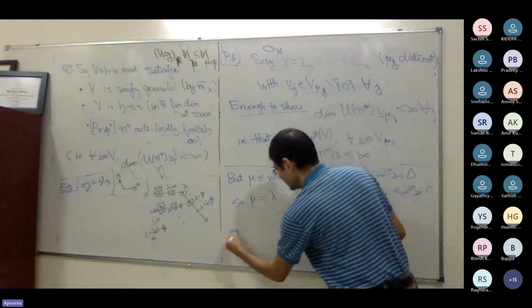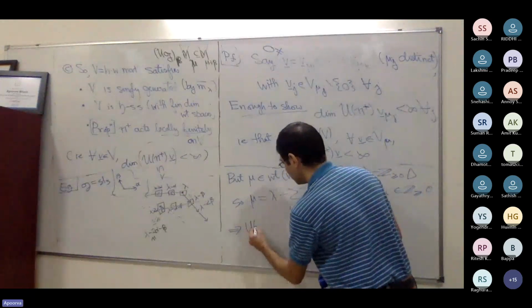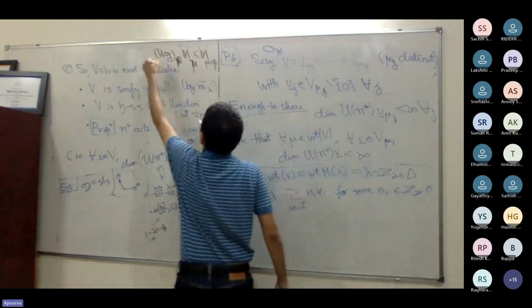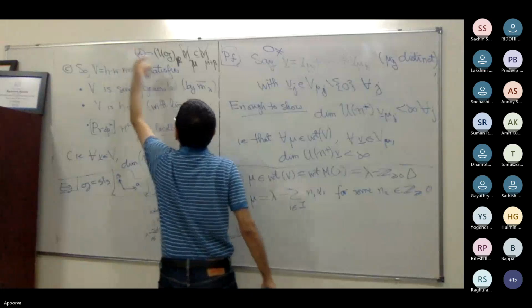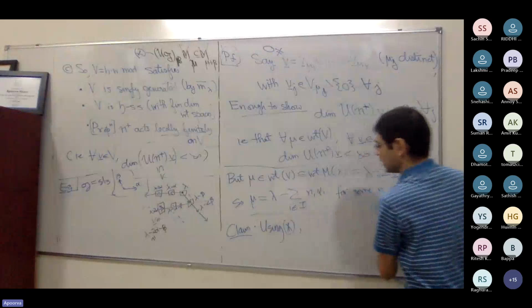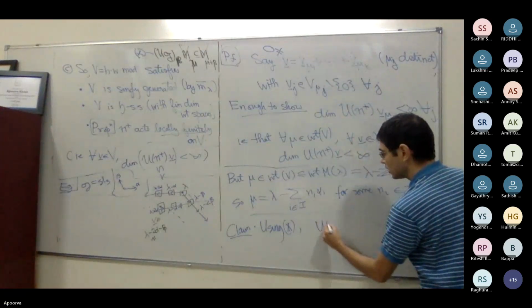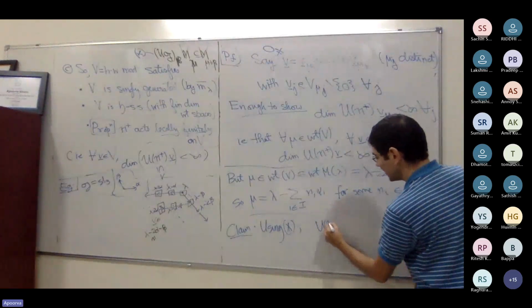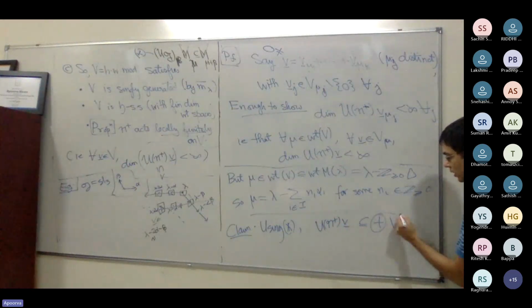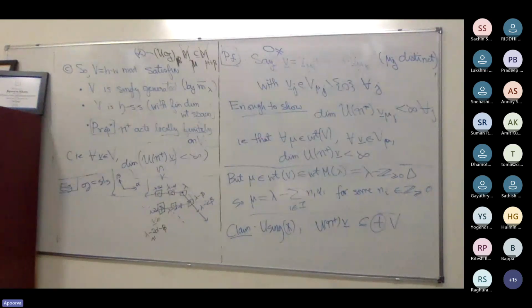So now the claim, let's call this relation star. Using star, one checks that U(n plus) times this vector V is contained in the direct sum of some weight spaces, where you don't know it yet.